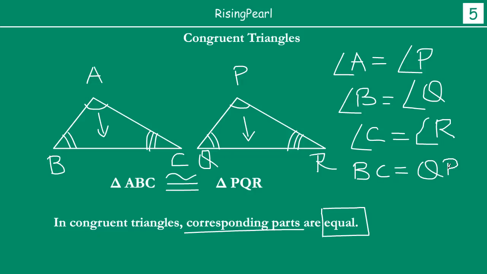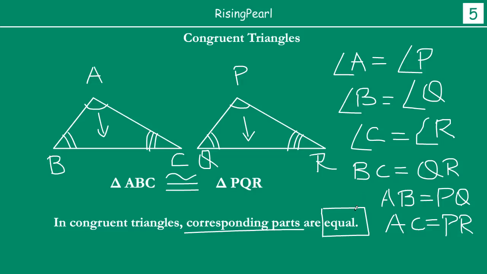So BC should be equal to QR. Similarly, opposite to C is AB. AB should be equal to PQ. And what is left is AC. AC should be equal to PR.